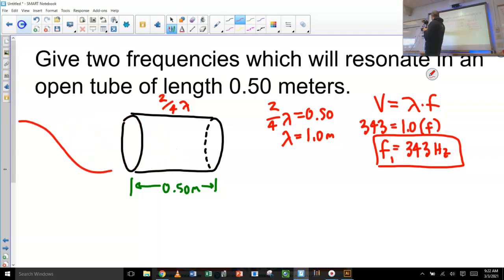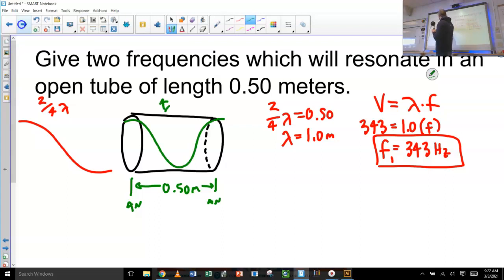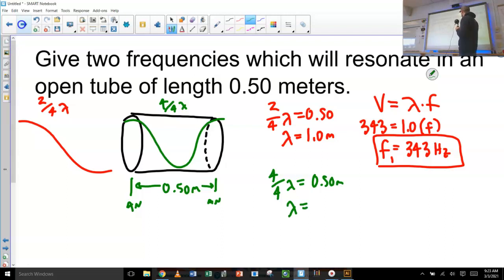My next frequency is going to be similar, except, again, we have to have antinodes on both of these. My next one is 4/4. So 4/4 of a wavelength equals 0.50 meters, which means that the wavelength is actually equal to 0.50 meters.